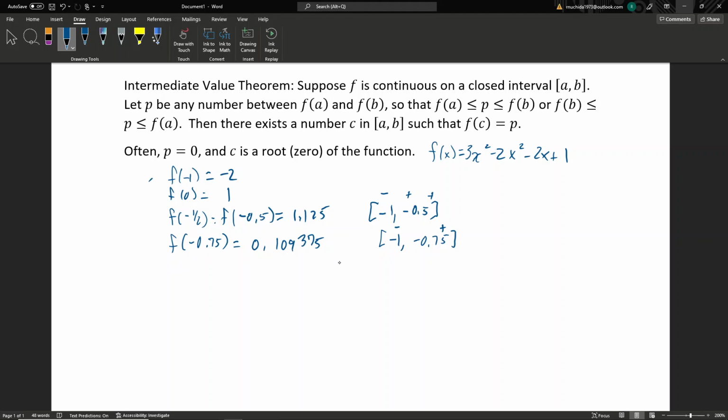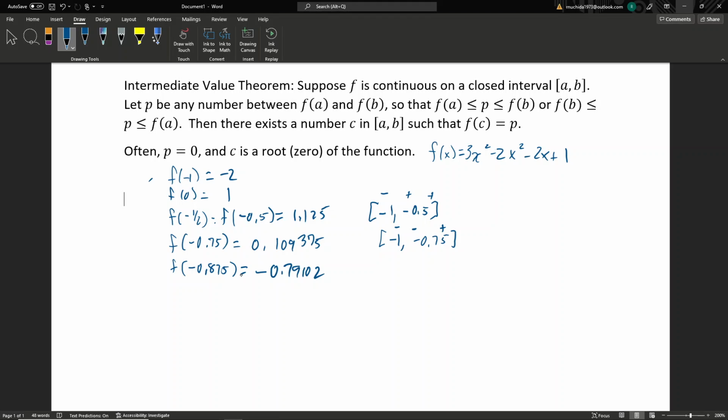So we find the value halfway in between these two: add those two values, divide by 2, and you get negative 0.875. Plug that into the function, you get negative 0.79102. So that's negative.